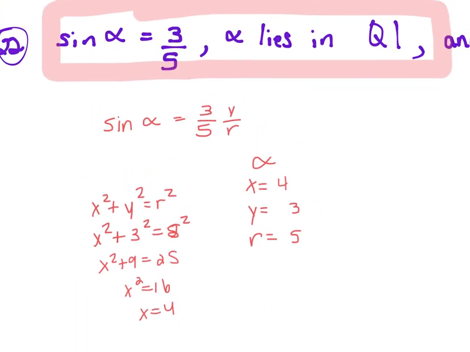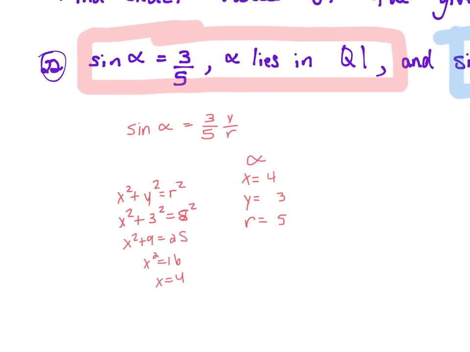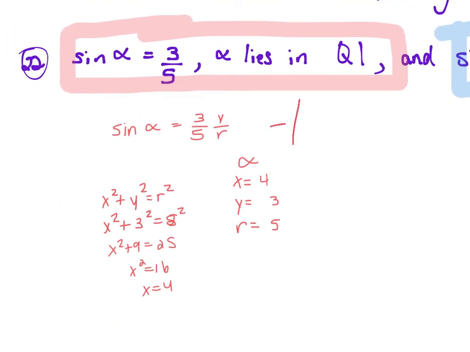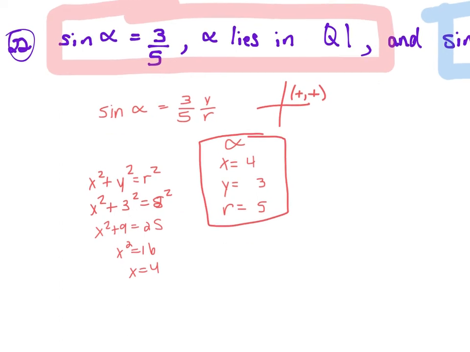The second thing they tell me is that this angle, this triangle that we're talking about, lies in quadrant 1. Since the angle lies in quadrant 1, I know that the x value and the y value are both positive. So this is the information that I need about triangle alpha.